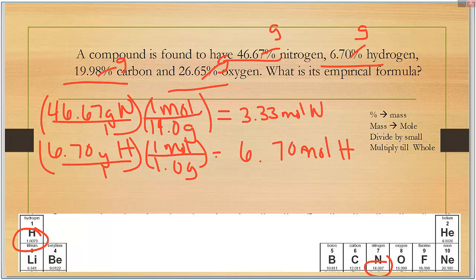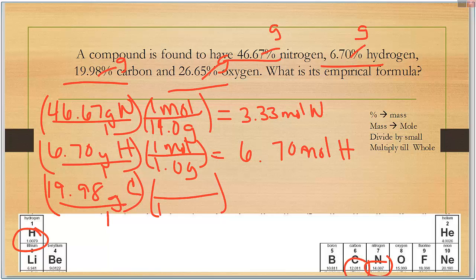Then we have 19.98 grams of carbon. The molar mass is 12.0. Divide that out, and it comes out to be 1.66.